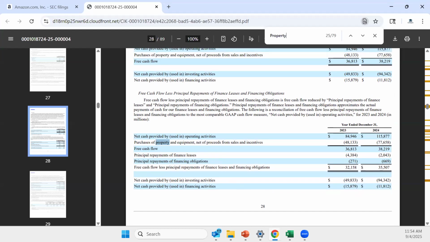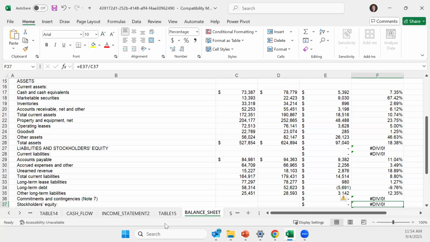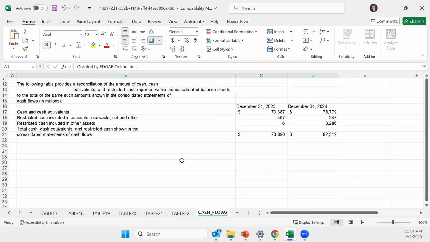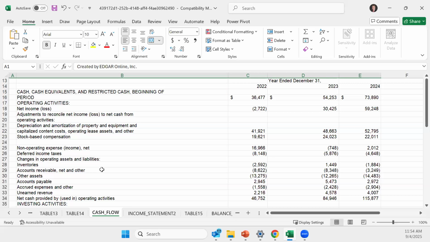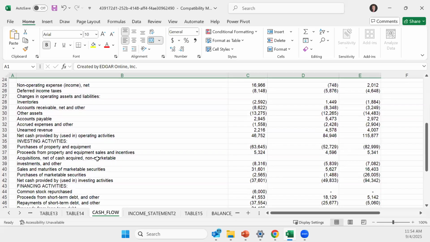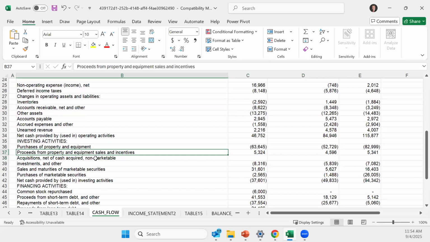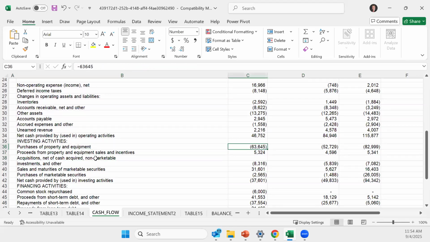They talk about free cash flow here, but actually, if we just looked on the financial statements at the cash flows section, we would see that purchases of property, plant, and equipment were $63 billion by Amazon this year.